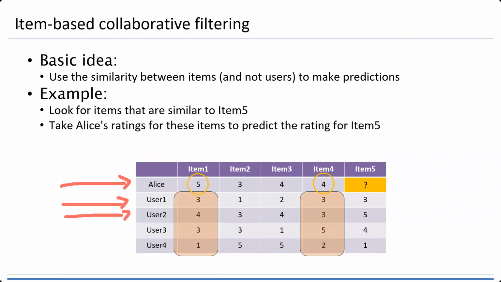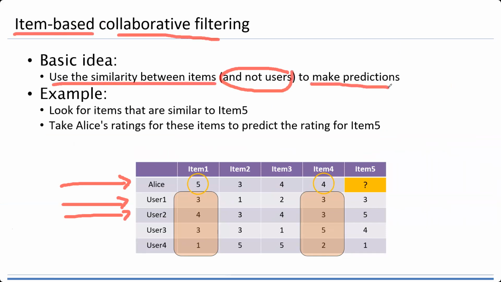Now, there is another collaborative filtering. It is called item-based collaborative filtering. It means I want to use the similarity between items, not the users, to make predictions.